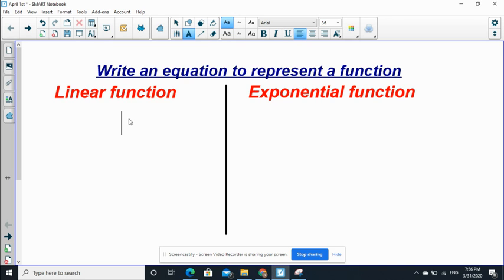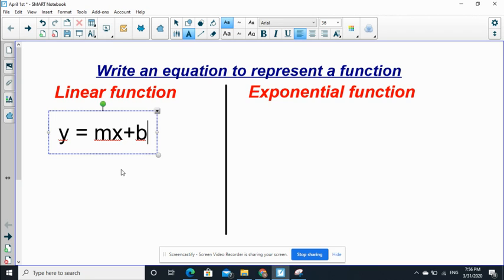To write an equation for the linear function, the general form is y equals mx plus b. This is the general form. And what is m and what is b?